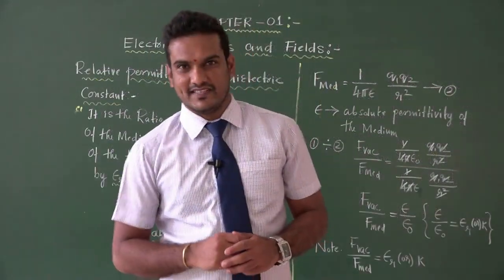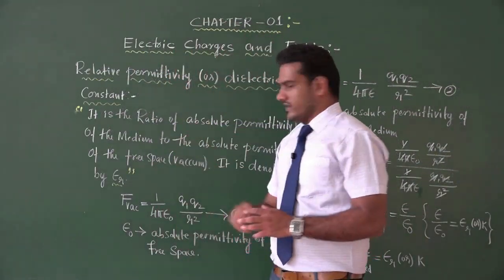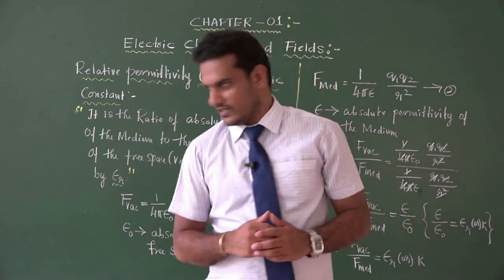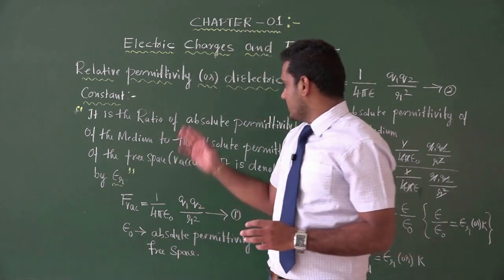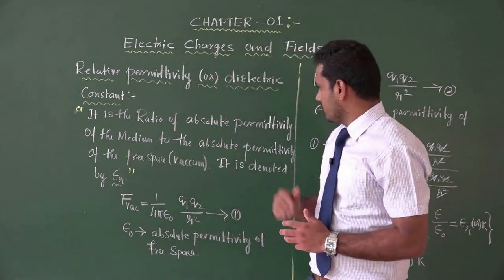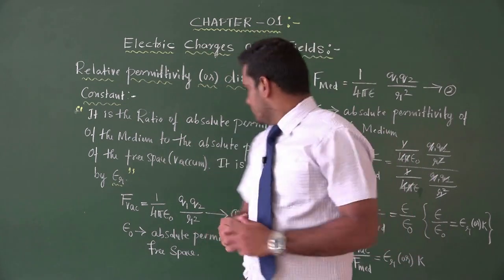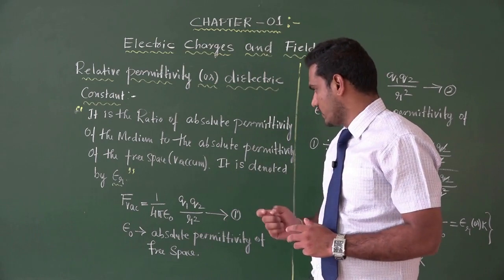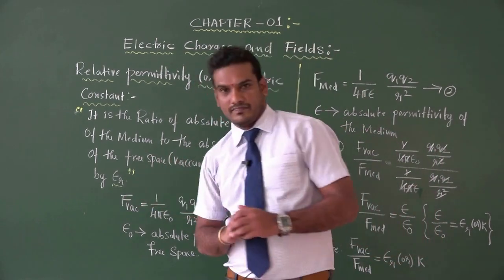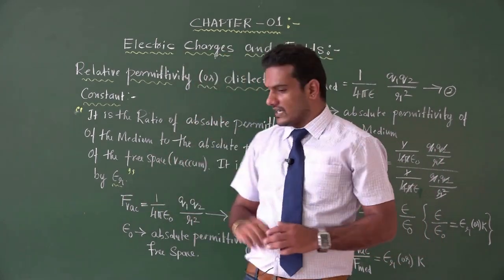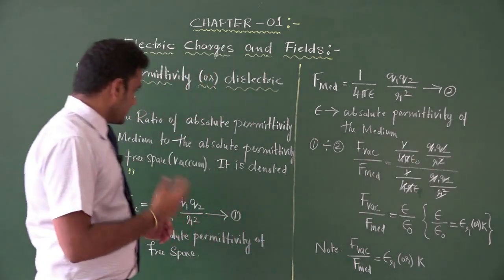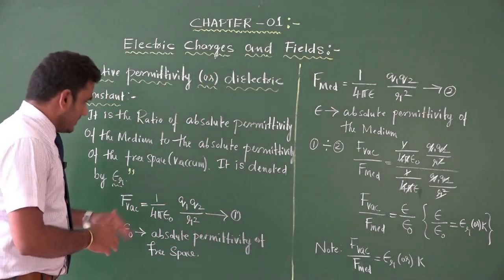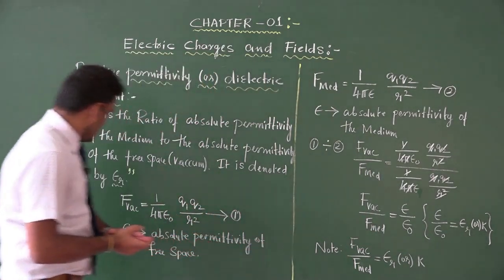The next concept is relative permittivity or dielectric constant. Look at the statement. It is the ratio of the absolute permittivity of the medium to the absolute permittivity of free space. It is denoted by epsilon r. So this is the statement for relative permittivity. Let us understand it in mathematical steps.